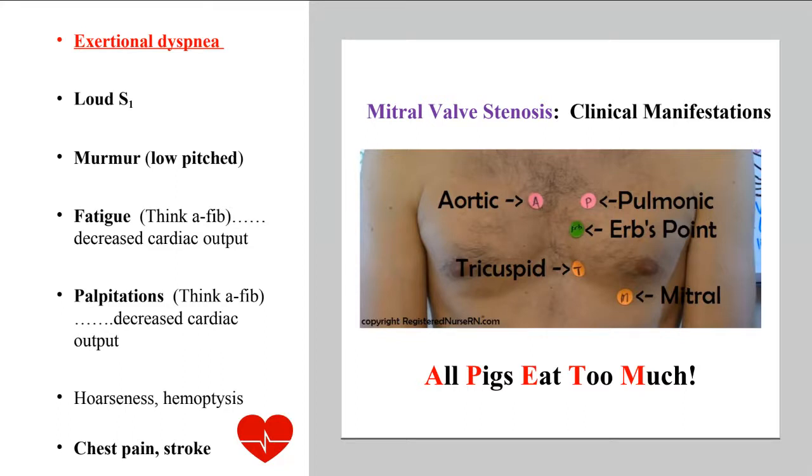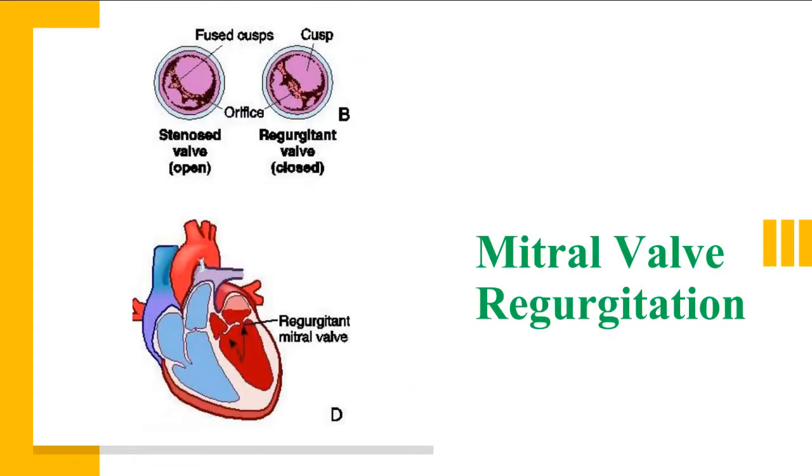No? Okay. So now let's talk about regurgitation. Okay, what's regurgitation again? So regurgitation is backflow of blood secondary to non-closure or incompetent closure of the leaflets, and this happens during contraction or during systole.